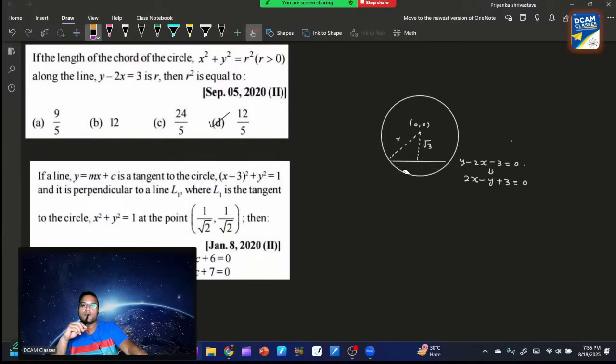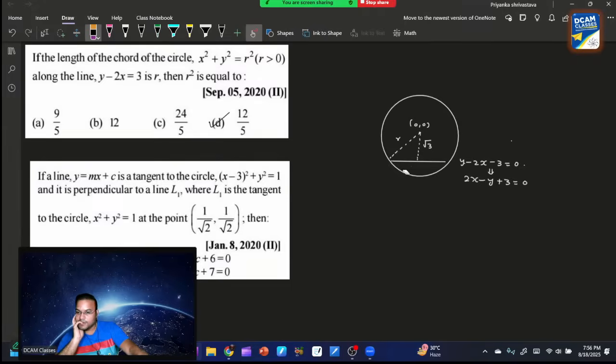Am I able to solve it now? Still, it's not solvable.